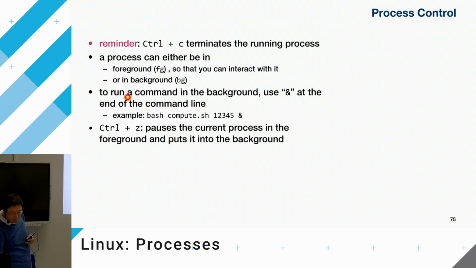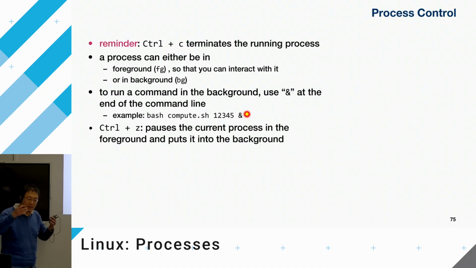So to run a command in the background, you can use an ampersand at the end of your command line. Here is an example: bash to run this computation with input 1, 2, 3, 4, 5, and then put it into the background.